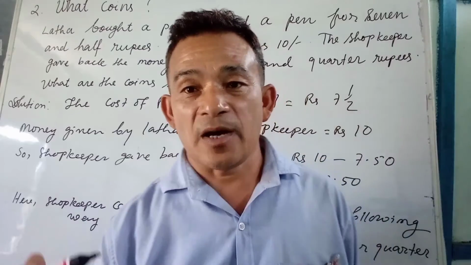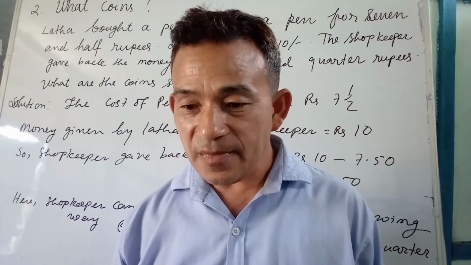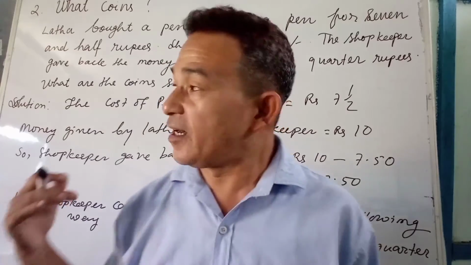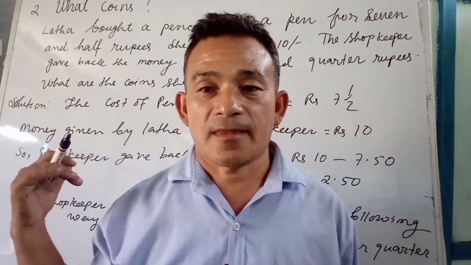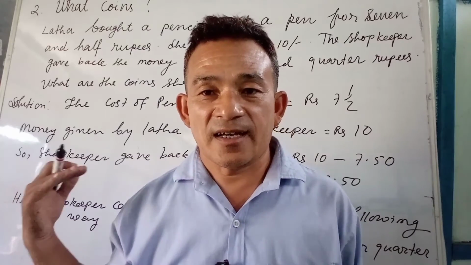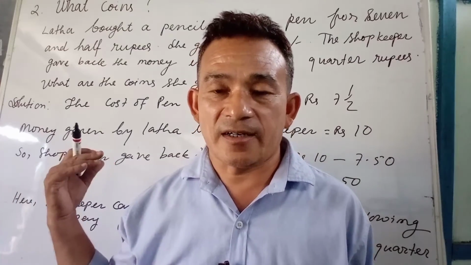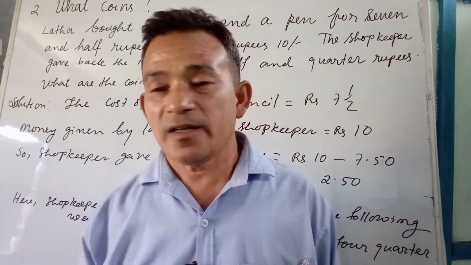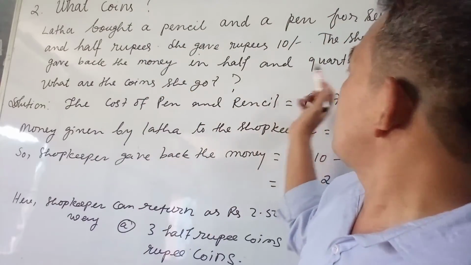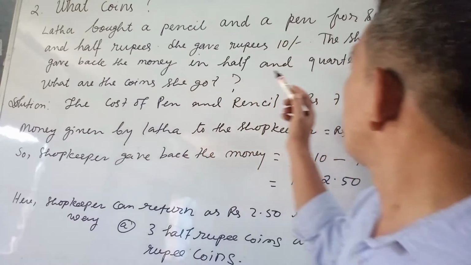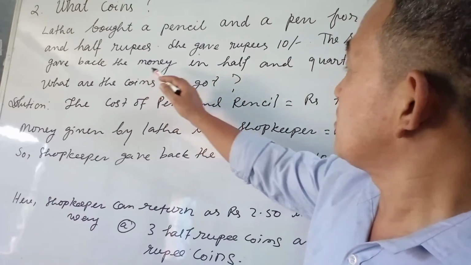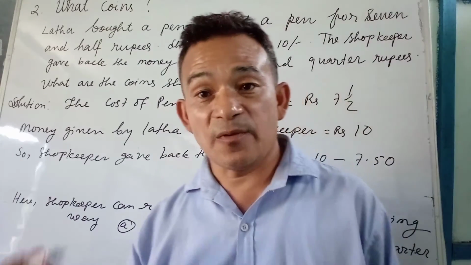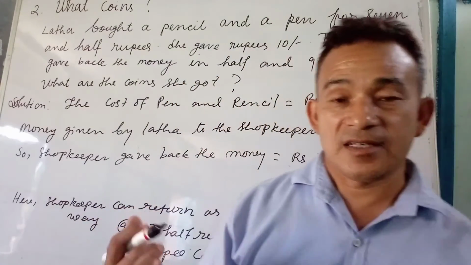How much amount was returned by the shopkeeper is not mentioned here. Only what is mentioned is that the shopkeeper gave back the money in half and quarter rupees. Half means half of a rupee, that means 50 paise.